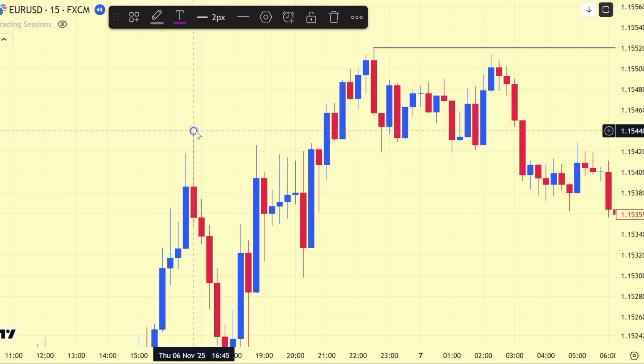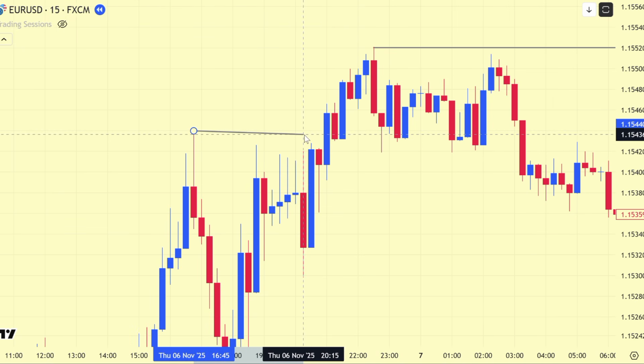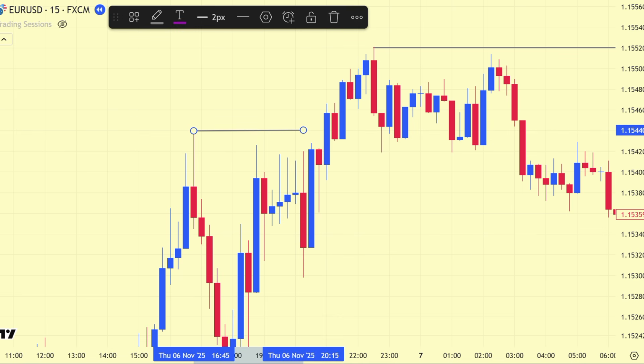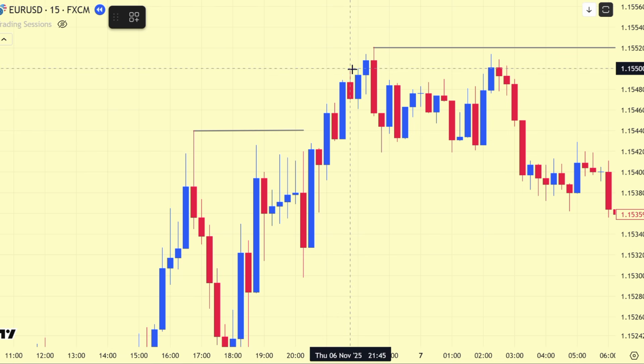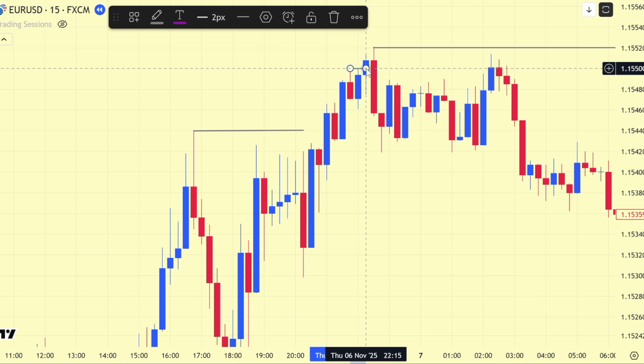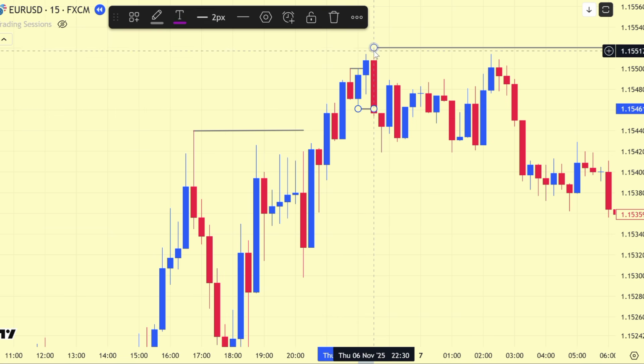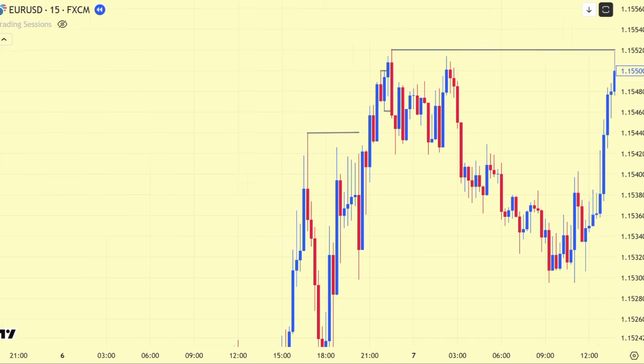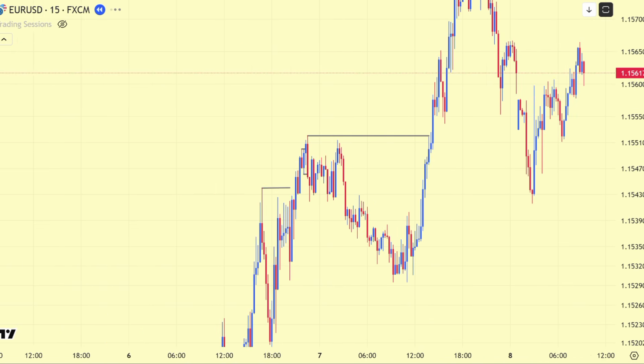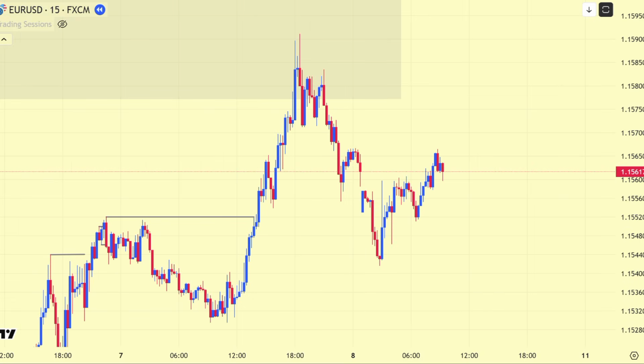This here was a break of a valid pullback. Again, another break. So that was a break of a valid pullback. Another break was right here. But then price made a break past this low of this valid pullback before actually breaking past this high.